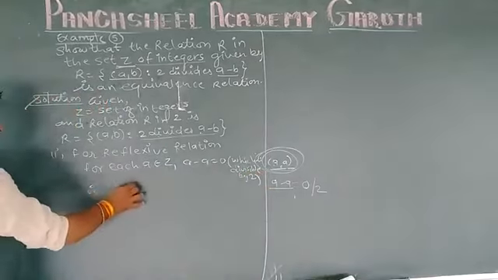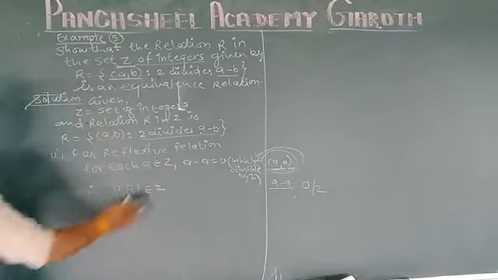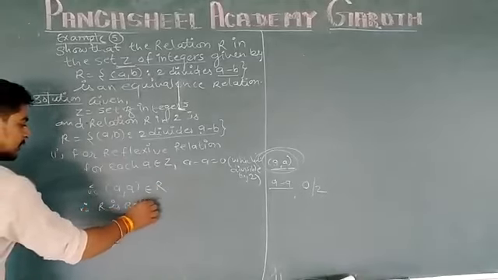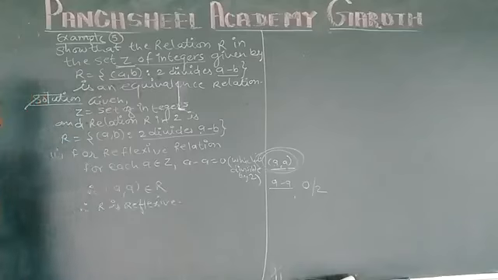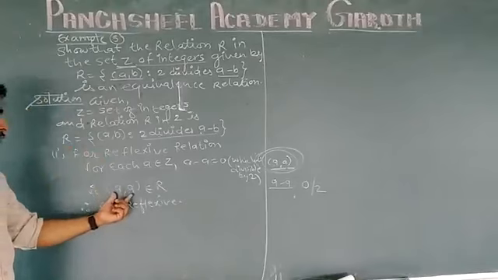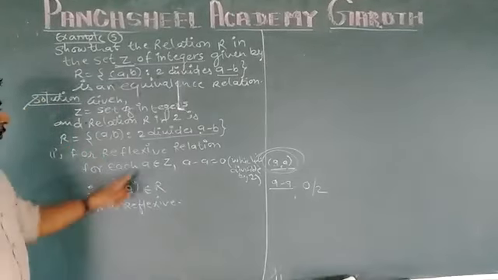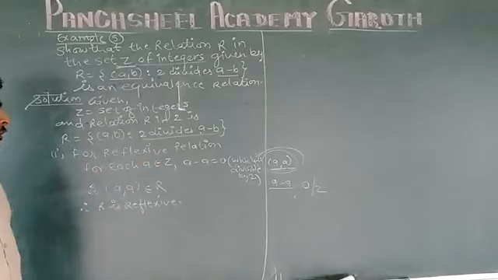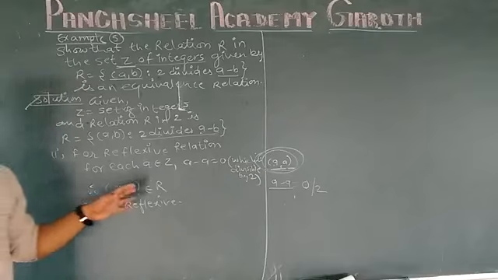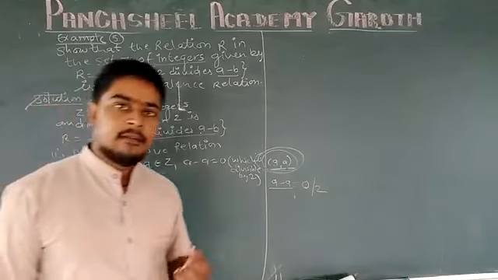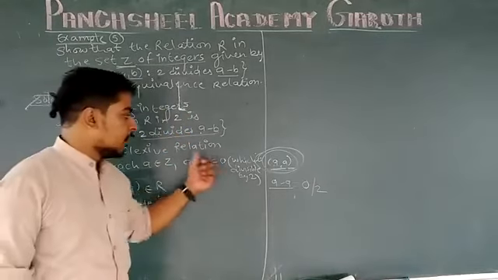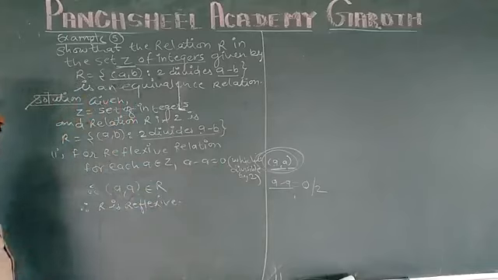Therefore, the ordered pair (A, A) belongs to R. Therefore, R is reflexive. Why is R reflexive? Because all the ordered pairs of the same element follow the rule of the relation, since the difference of both integers equals 0 and it is divisible by 2. Therefore, R is a reflexive relation.